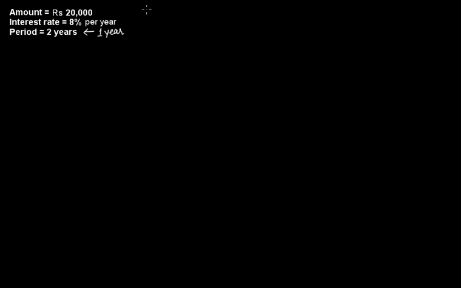So for the first 3 months, your P1, that is principal, will be this rupees 20,000. Your rate is actually equal to 8%. Your time period will be equal to 1 by 4 year.